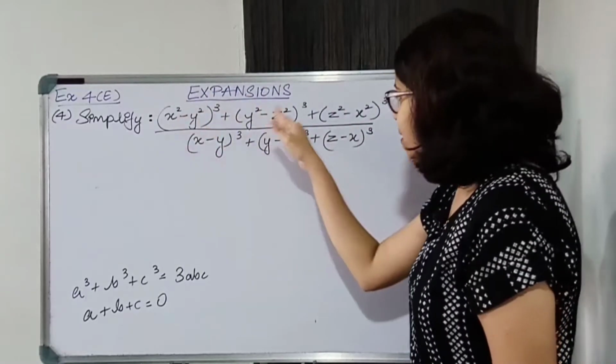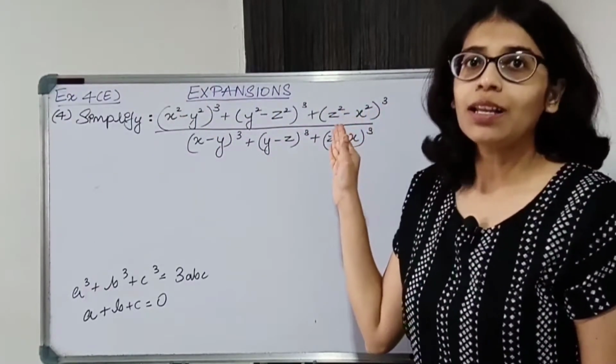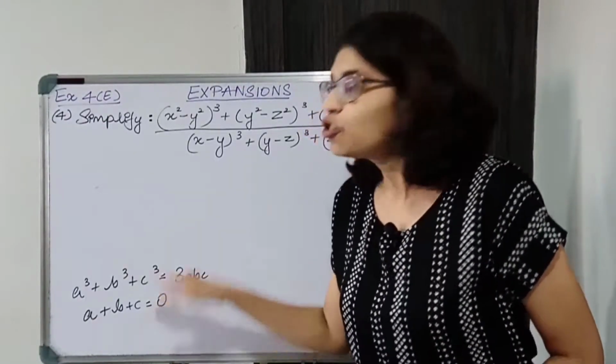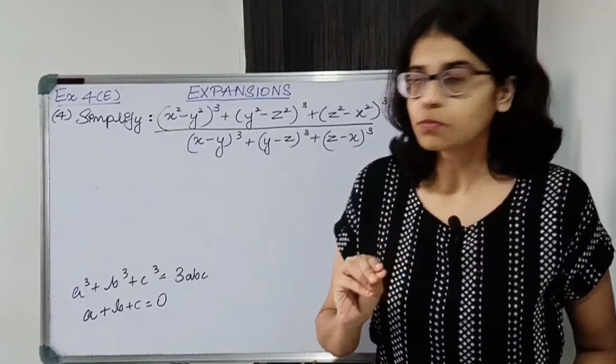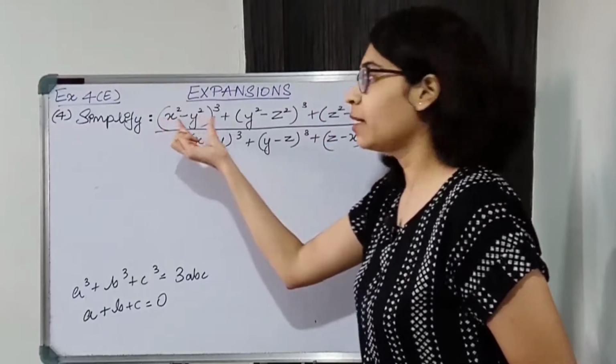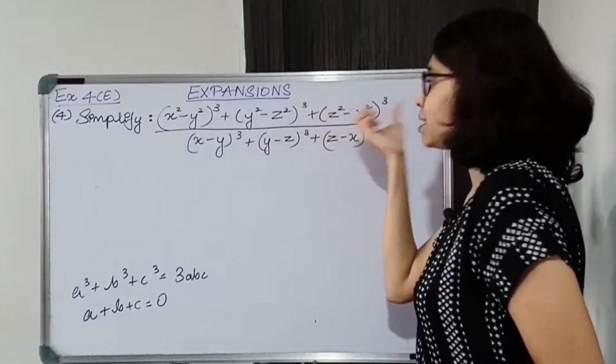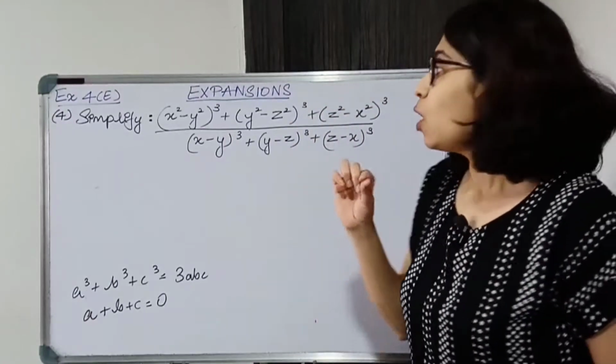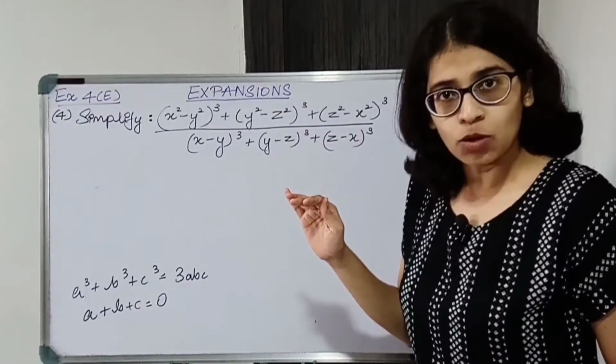When you add these bracket terms, the sum should be 0. So x square minus y square plus y square minus z square plus z square minus x square should be 0. Now let us check if we are getting 0.